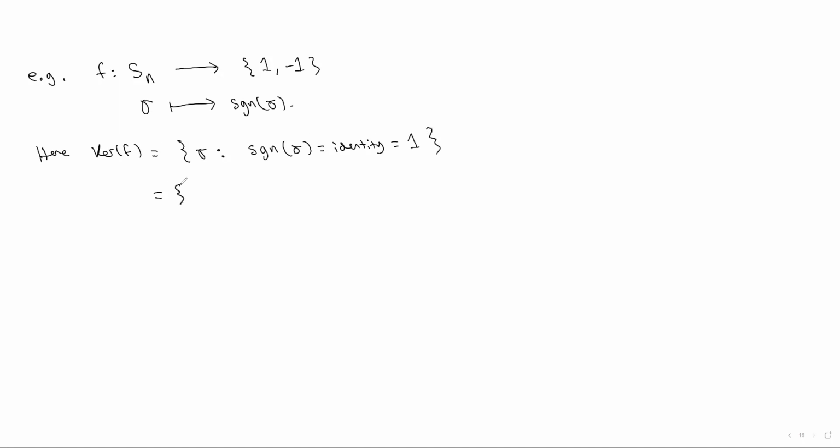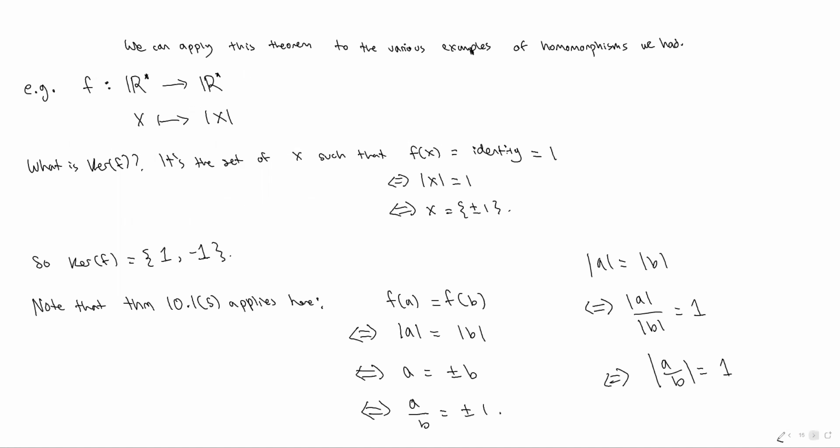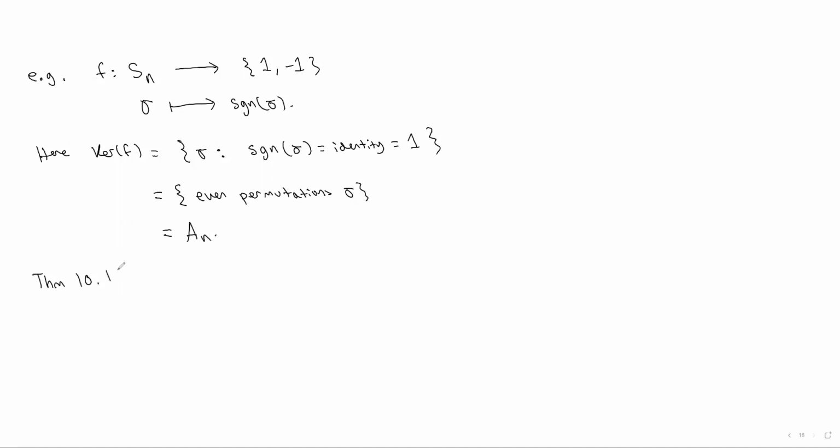So it's the set of all even permutations, so it's just A_n. So that's the kernel of f. And then again, theorem, what was the number? 10.15 applies here.